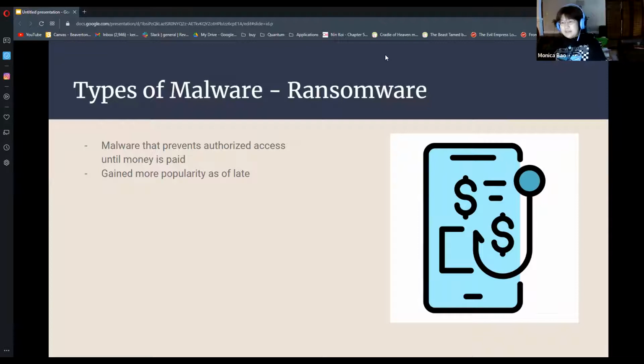So instead of influencing individual people, this ransomware still does, but the main goal of ransomware is money. So that's why they usually target systems or organizations where information is a really important part of their business.